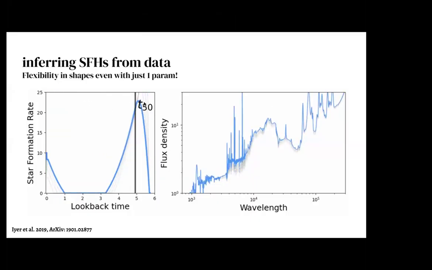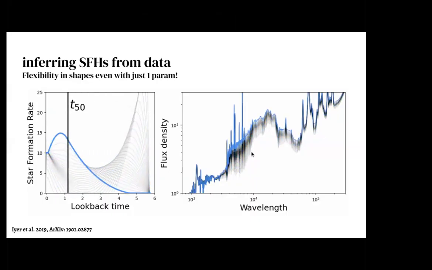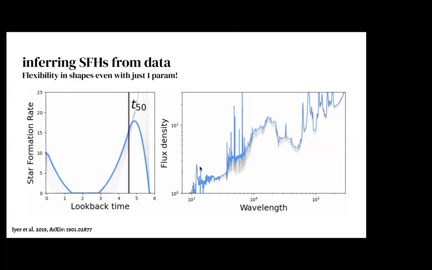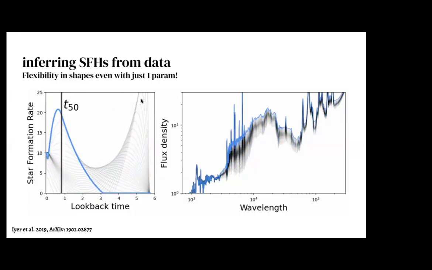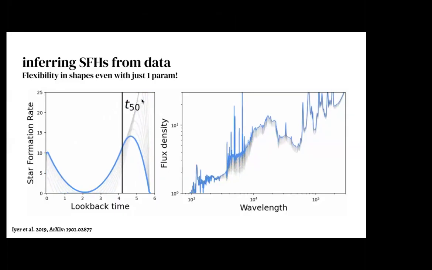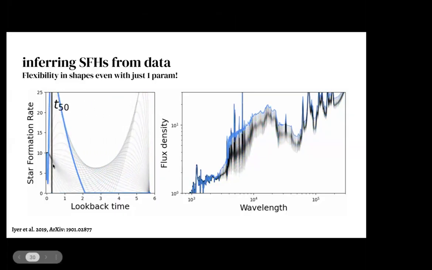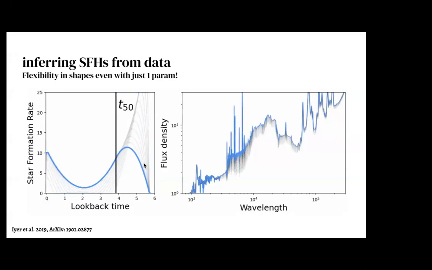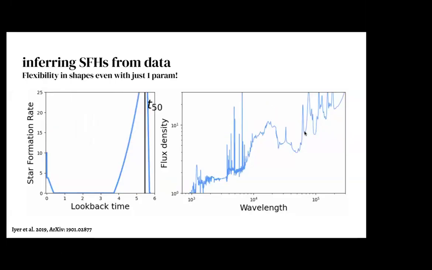So this T50 that I'm showing sliding across the screen is basically when in time the galaxy forms the majority of its stars. When the T50 is here, most of the stars are old, and then it's sliding towards younger ages. As this T50 slides towards zero, all of the stars are getting broadly younger, and you can see how the spectrum changes as a result.